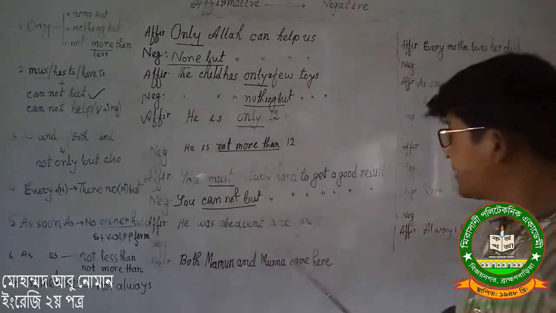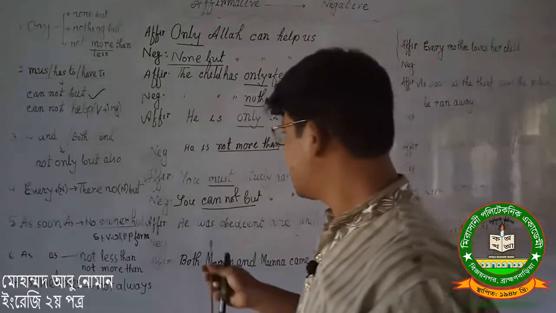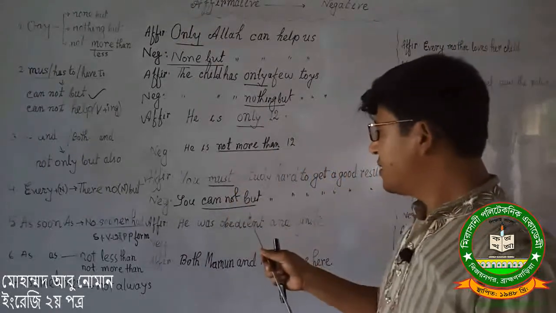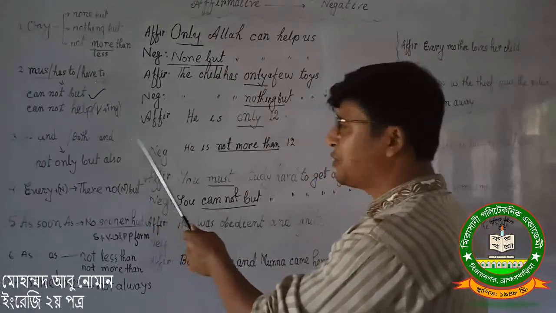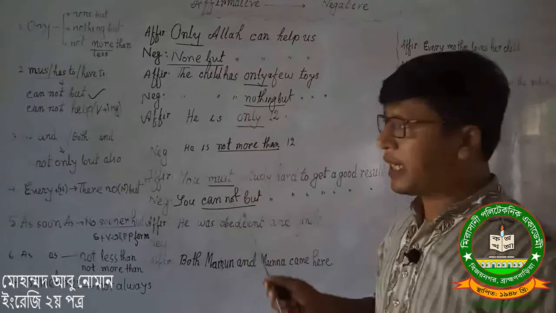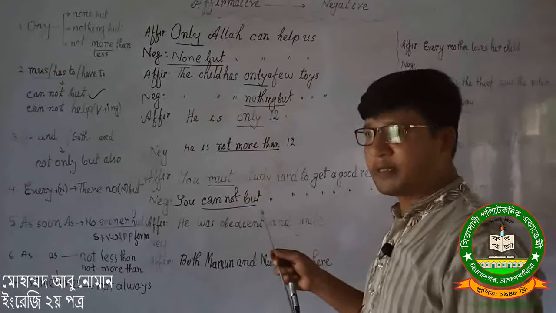I do not write it all because our time is limited. So you will remember, if you found must or has to, have to, you may turn this word into cannot but or cannot help. Here I have written cannot but.